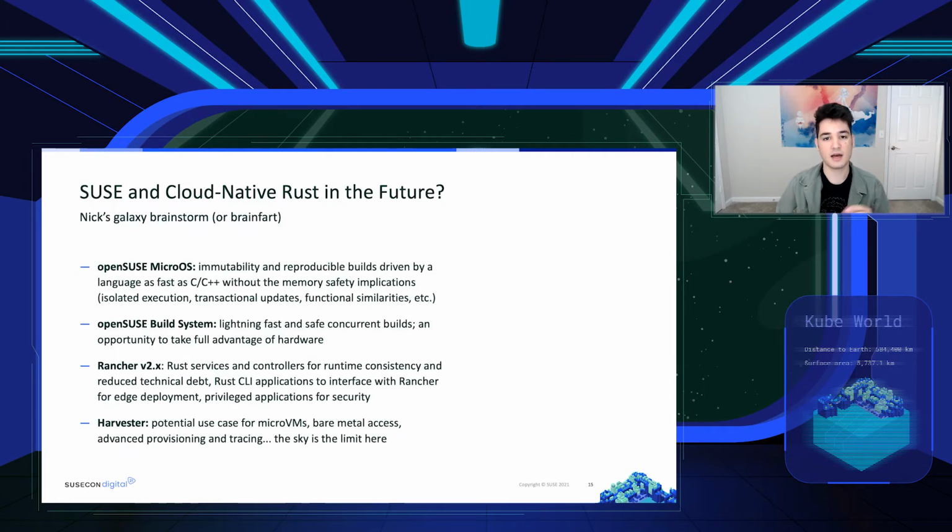So here's some things that I think SUSE might fit well into. Things like microOS, with being an immutable operating system, essentially, with a lot of transactional updates and ability to have isolated execution, fit well with Rust, the programming language, and its feature set. And the open build system for having fast and concurrent builds.